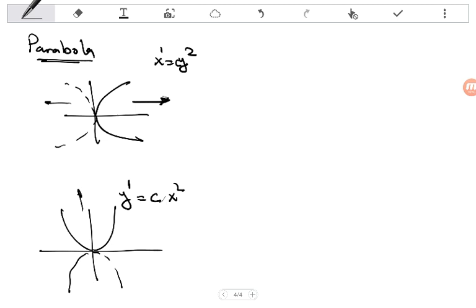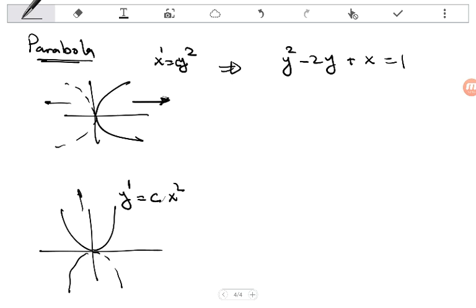Okay, so this is a parabola. And you have learned to graph a parabola by, if I had something like this, y squared minus 2y plus x equals 1.